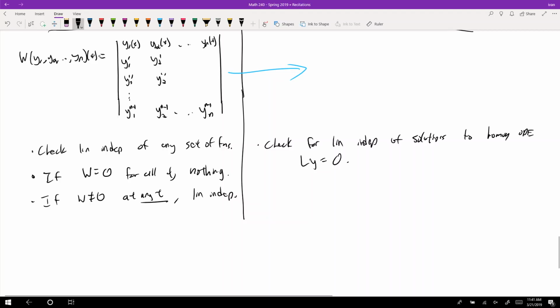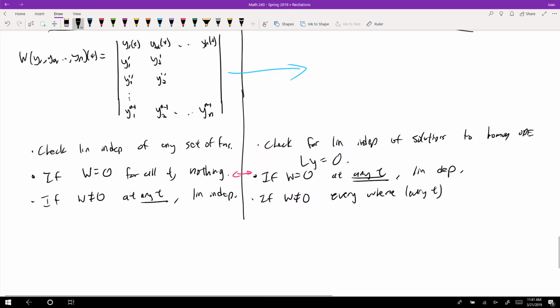So now here's where stuff differs. If W equals 0 at any t, then it's linearly dependent. Contrast that with what it was before. And if W was not equal to 0 everywhere, so for every t, then you get linearly independent.